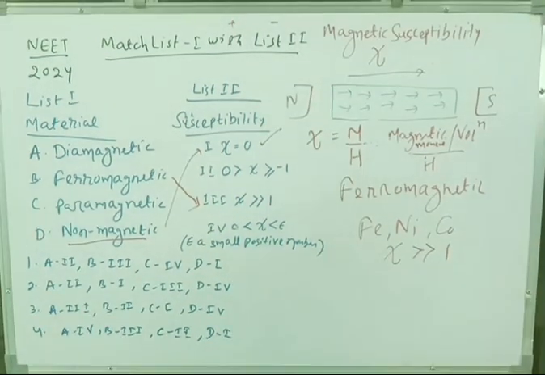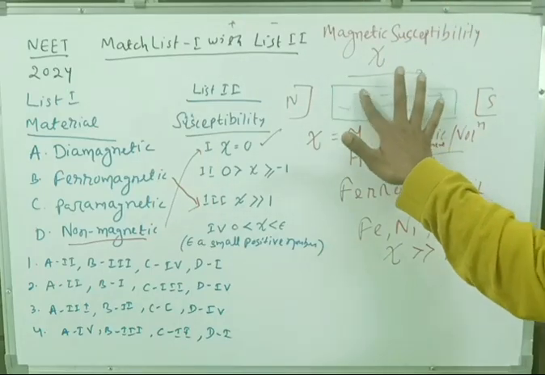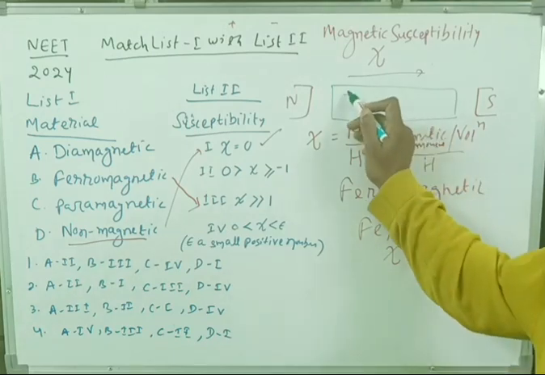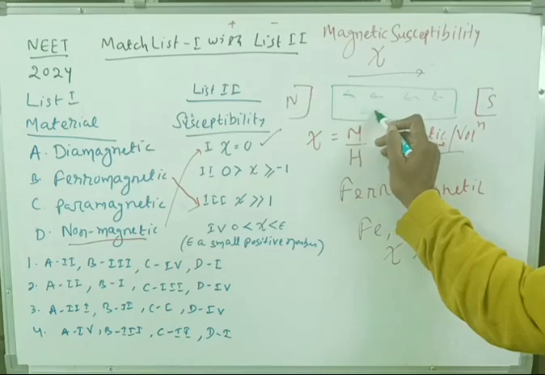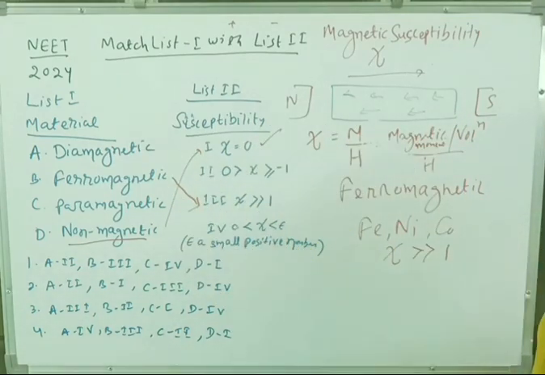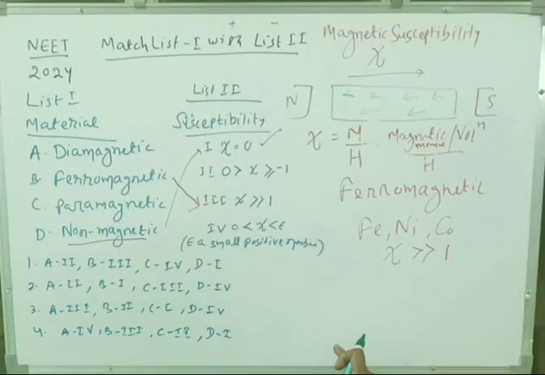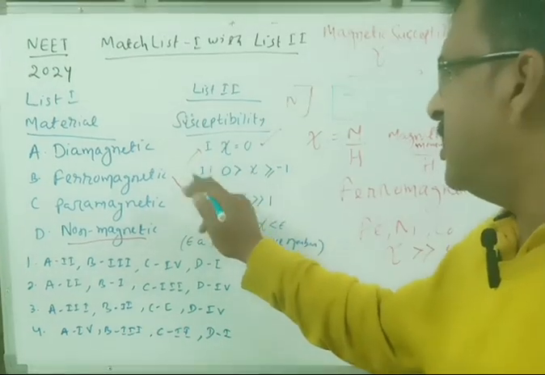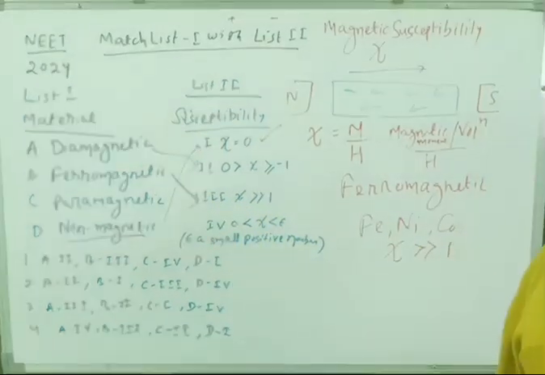And if they get aligned opposite to the direction of the applied magnetic field, like this, then it is called diamagnetic. They oppose the applied magnetic field, and in that case chi is a negative number. So here II will correspond to diamagnetic.